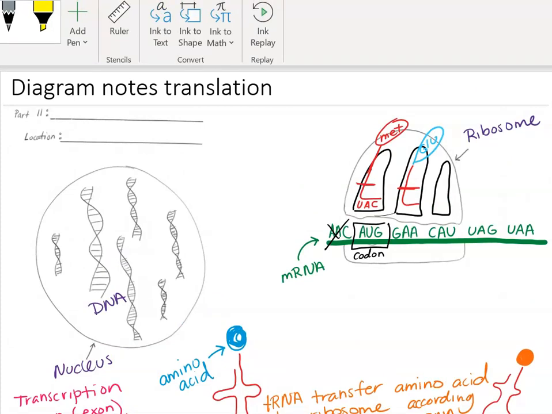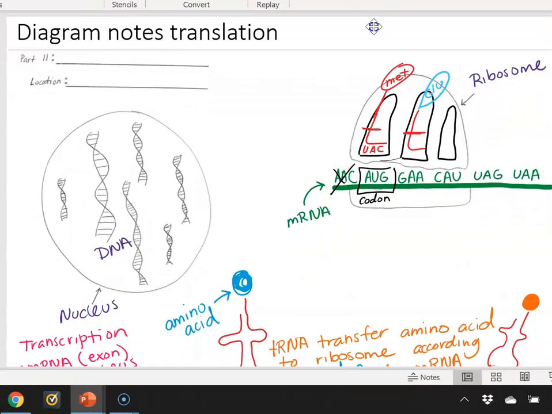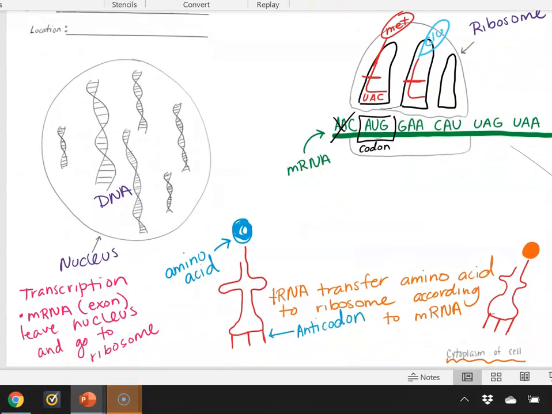So our amino acid will form the peptide bond.